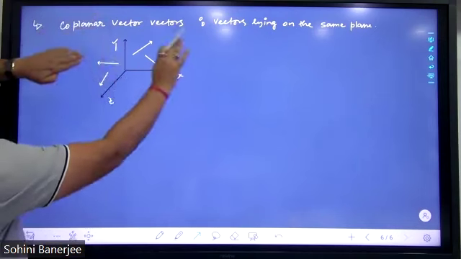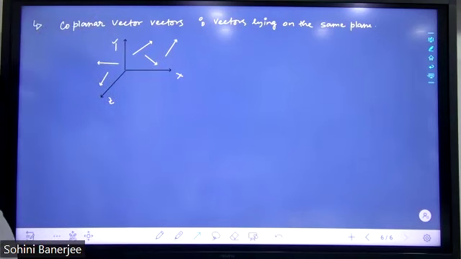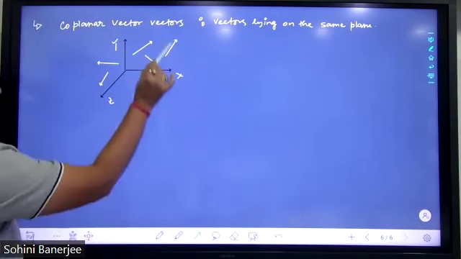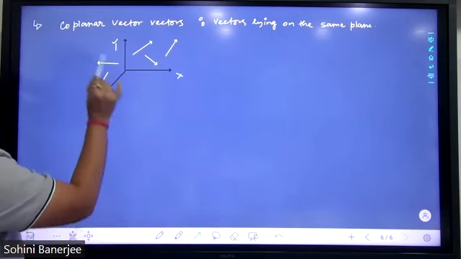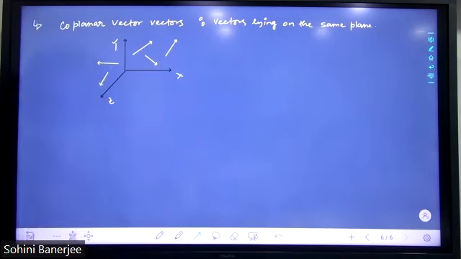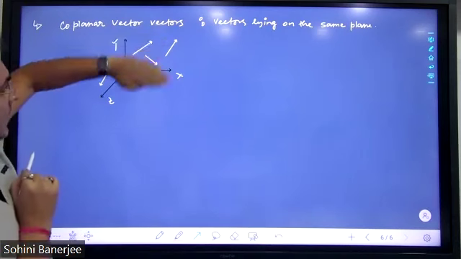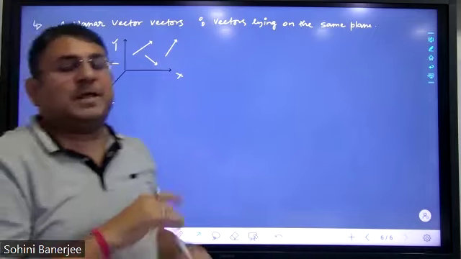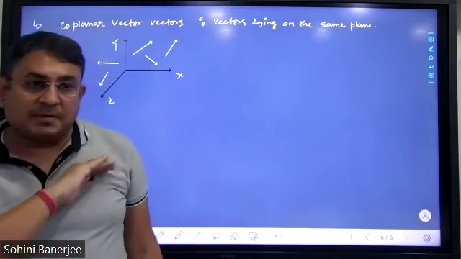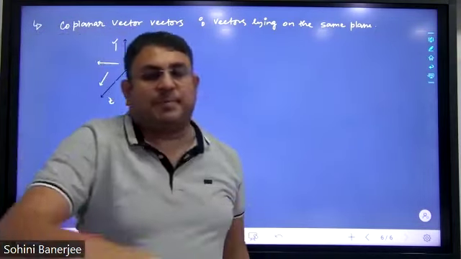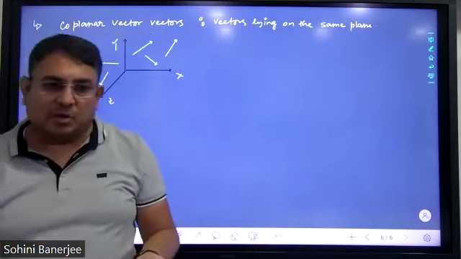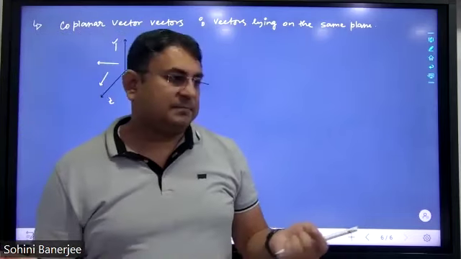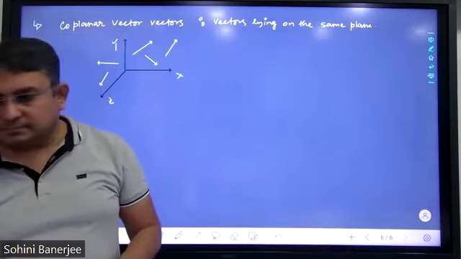But this plane and this plane are mutually perpendicular. So these vectors are lying on the XY plane, these vectors are lying on the YZ plane. These are co-planar amongst themselves. So co-planar means the vectors are lying on the same plane. Suppose on your plane of paper, if you draw vectors, they are all co-planar vectors. Clear?